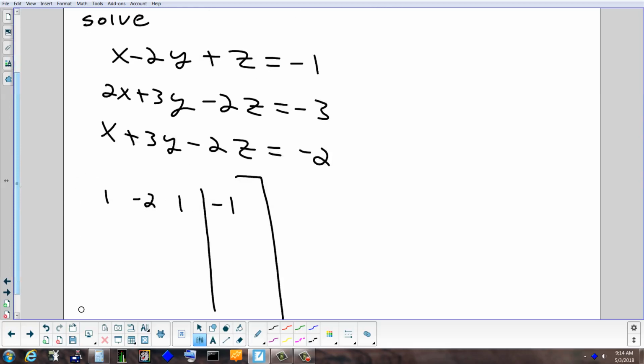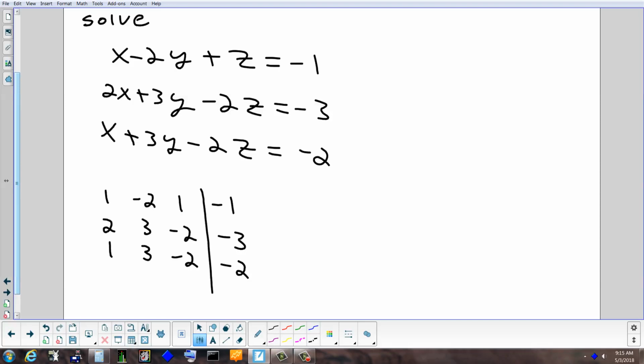I'm fine if you don't. I don't think the book uses them as much. But definitely put that vertical line in. Okay? All right, so 2, 3, -2, -3, 1, 3, -2, -2. You're doing so much copying. You have to be very careful you copy it correctly. Okay, so if you notice that I copy something wrong, please let me know.